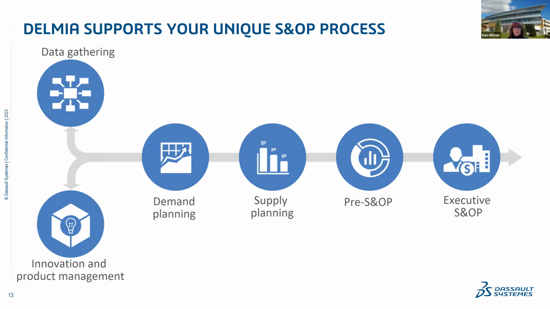The data gathering group is the initial part, and it's one of the most important because it's a challenge to pull all the information together effectively to drive S&OP. The innovation and product management group is also key with their input, because if you've got a broad, diverse portfolio of products and any new products that are being introduced, this is where it's going to come in.